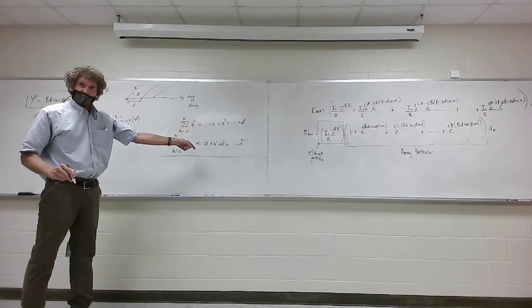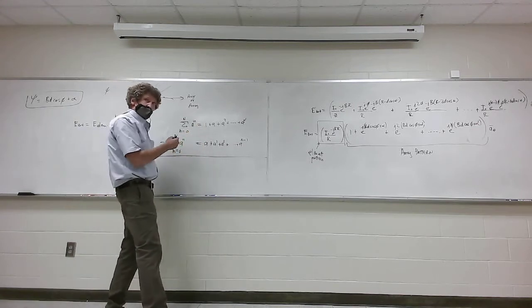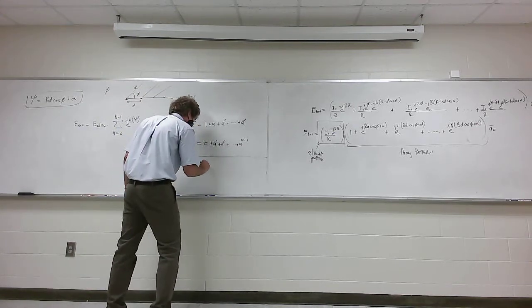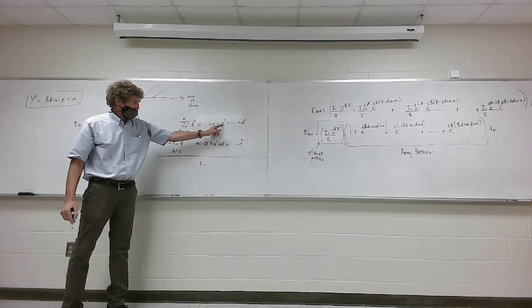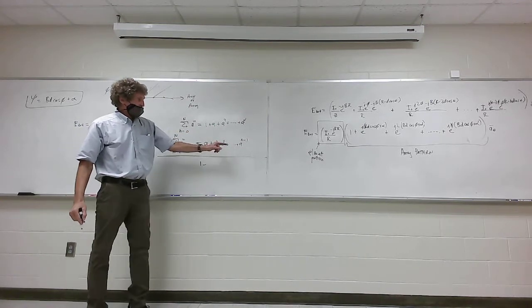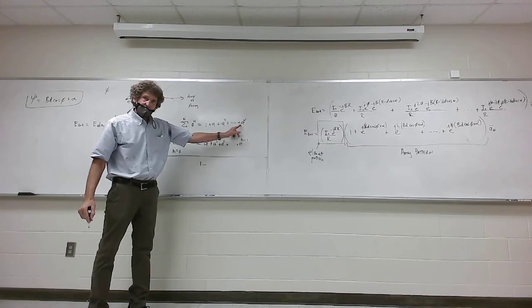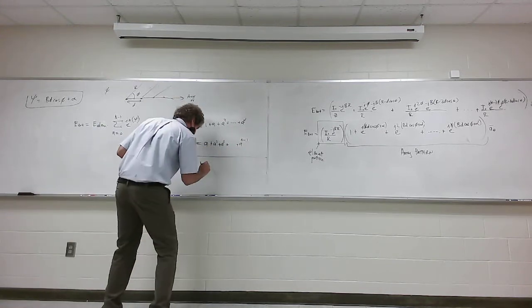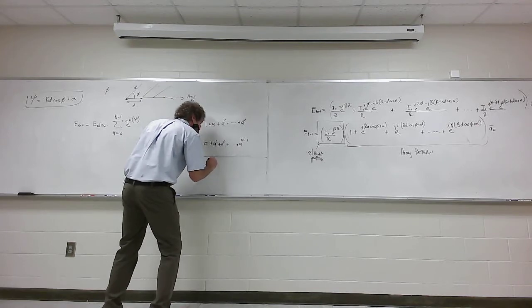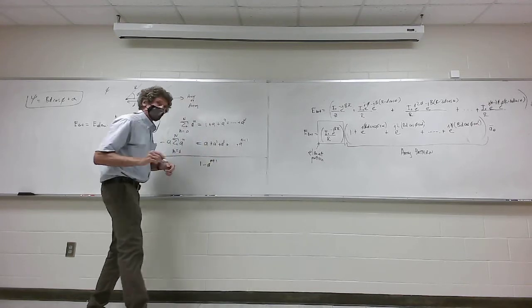I get a 1, don't I? There's nothing subtracting a 1 out. I get 1 minus, notice, a subtracts that away. A squared subtracts that, a cubed. All the way out, a to the n subtracts a to the n, but you're left with a to the n plus 1 with a negative sign. Y'all with me?